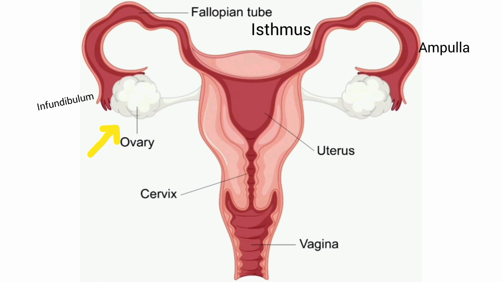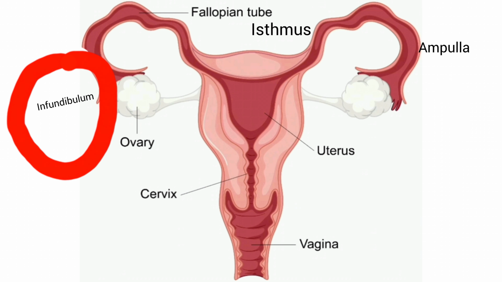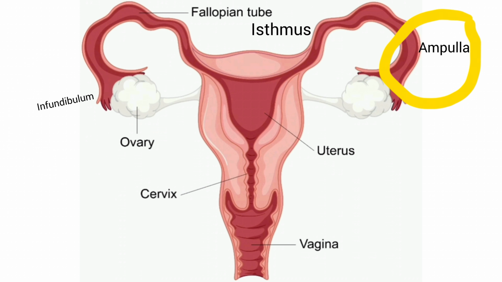In this diagram, the pair of ovaries are clearly visible. Ovaries are connected to the uterus with the help of the fallopian tube. Infundibulum, ampulla, and isthmus are the three parts of the fallopian tube. The part nearer to the ovary is the infundibulum. After the infundibulum comes the ampulla. In the ampulla, fertilization occurs, and the isthmus is the connector between the uterus and the fallopian tube.